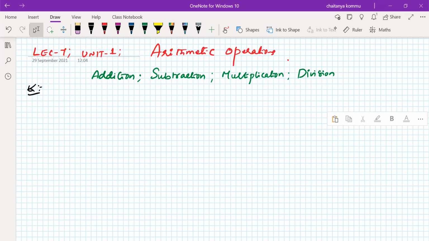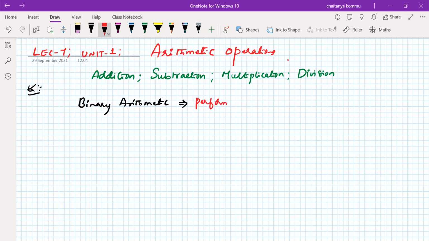We are not going to talk in more detail about floating point arithmetic, but we restrict ourselves to integer arithmetic only. So binary arithmetic means that we perform operations on binary numbers.